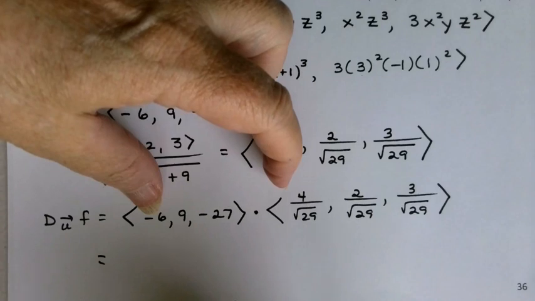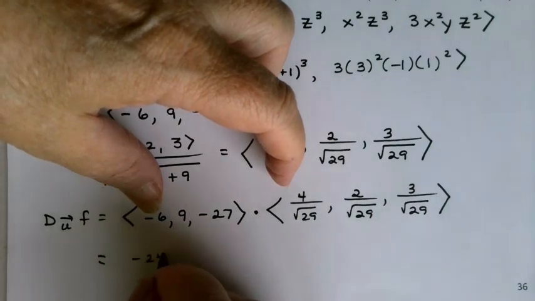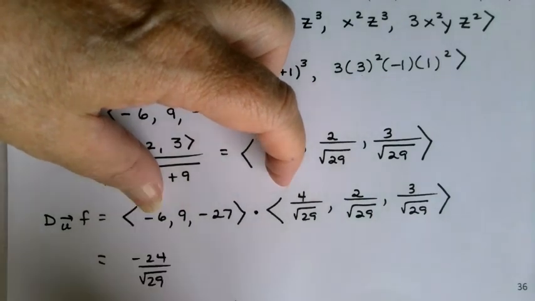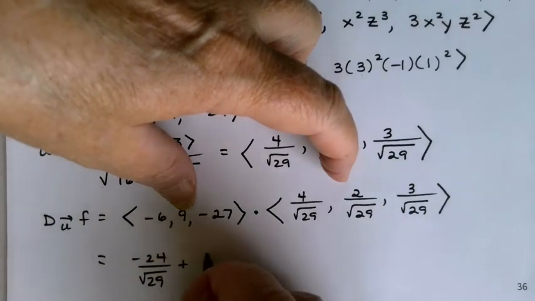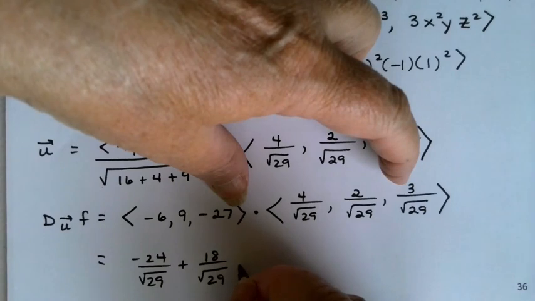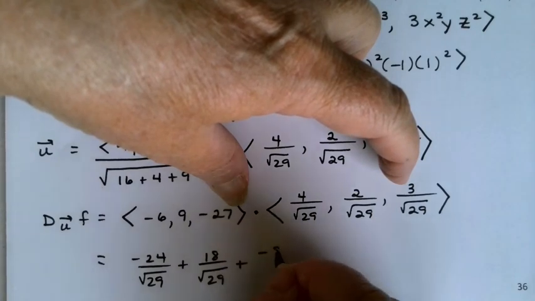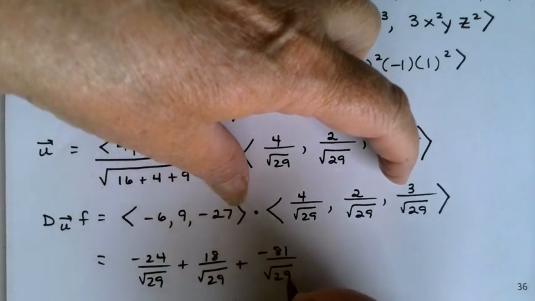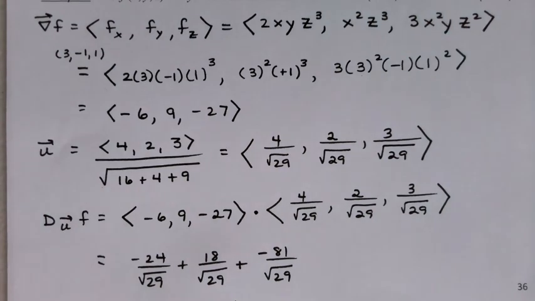So I'm going to get negative 24 over square root 29 plus 18 over square root 29 plus negative 81 over square root 29. And I obviously have a common denominator. What's that numerator add up to?